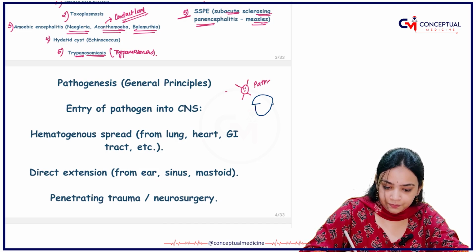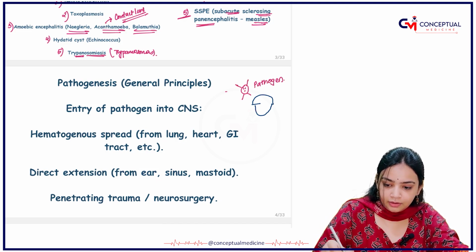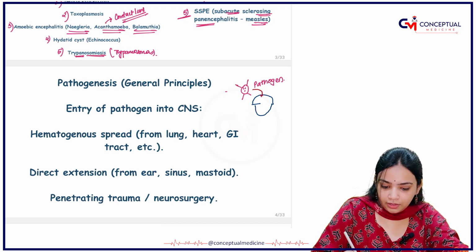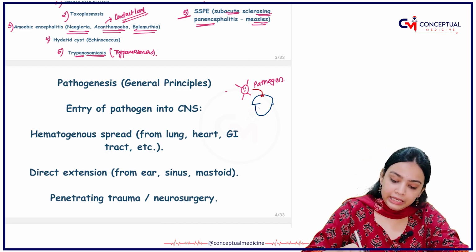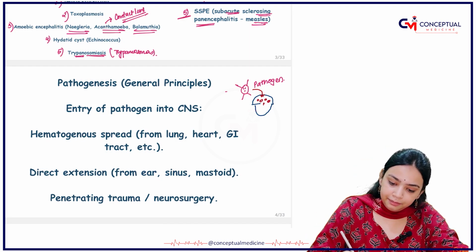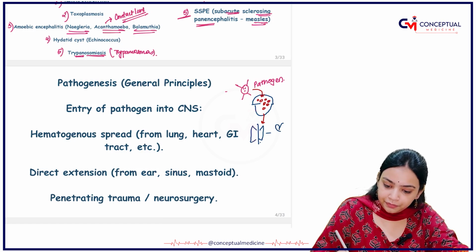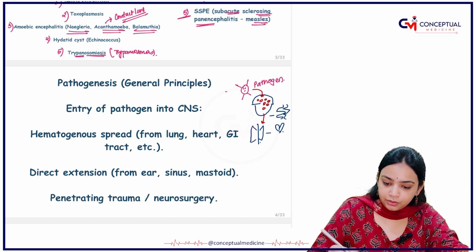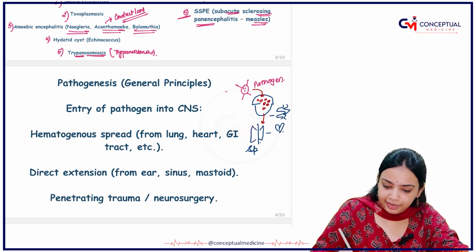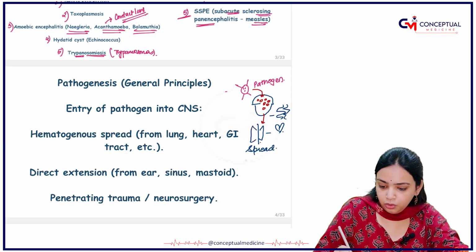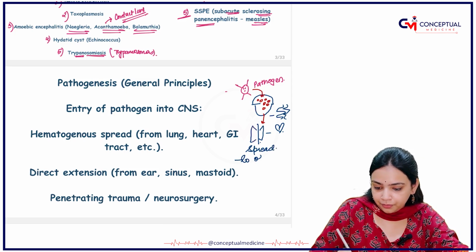Now what happens is, they enter your CNS and after that they spread to other organs like your lungs, your heart, and your GIT tract.